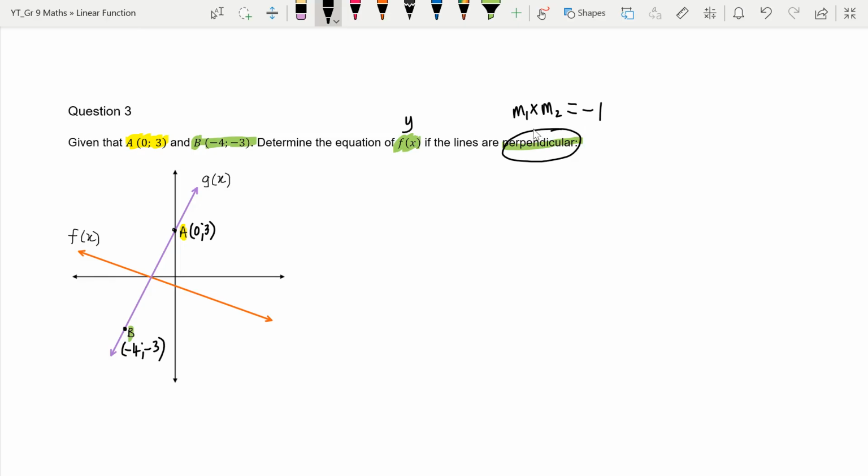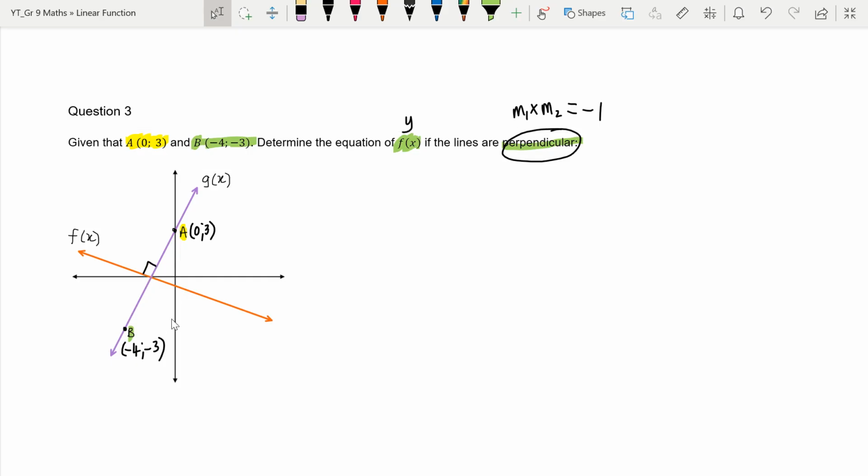Let's just read it again from the beginning. Given that you've got point A and point B, determine the equation of f of x if the lines are perpendicular. Okay, we can do that. Let's go look at f. F is our orange line there. Ooh, cheepers. We've been given absolutely nothing there. The only information that we were given there that's obviously really important is that the lines are perpendicular.